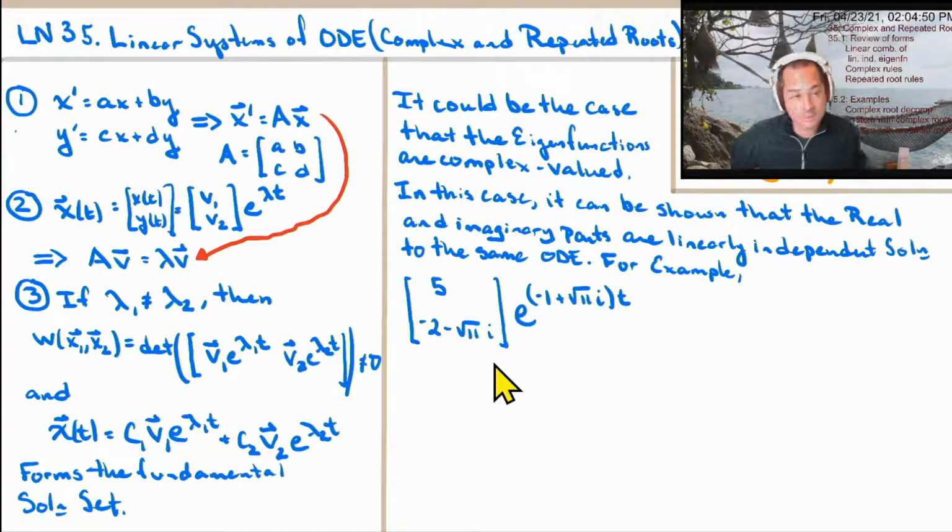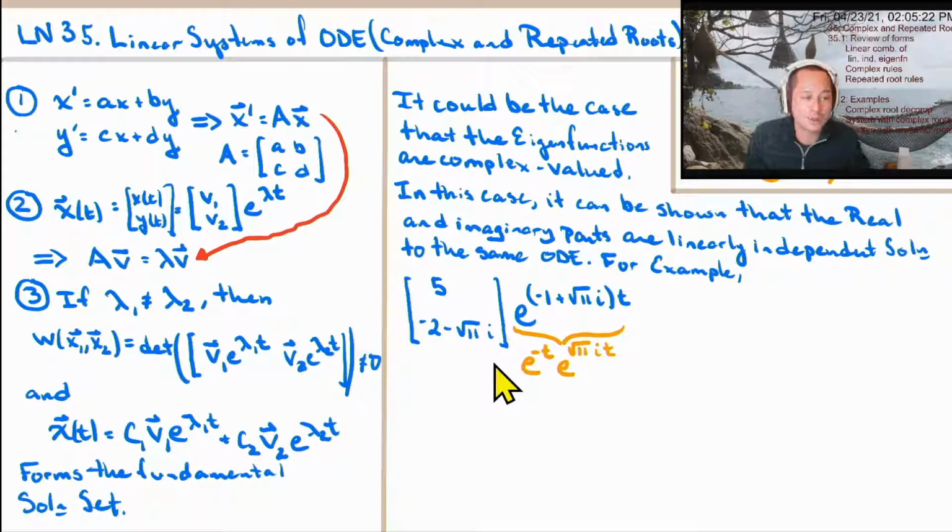So what I want to do is I want to put the 2-minute timer up, and I want us to take a try at decomposing this eigenfunction. But before we do that, I remembered that what I wanted to say is before we start up, what we want to do is we want to recognize that this e to the complex eigenvalue t by exponential rules is e to the negative t times e to the square root of 11 times i times t.